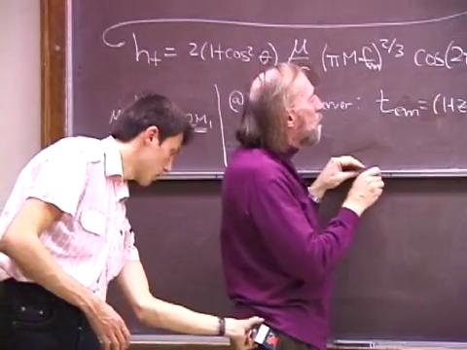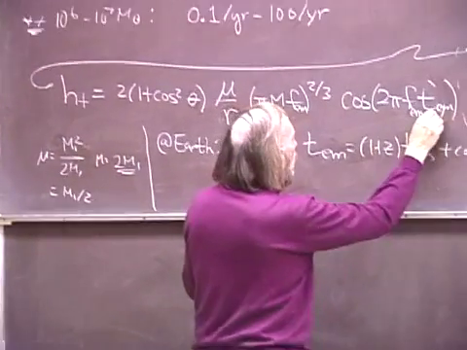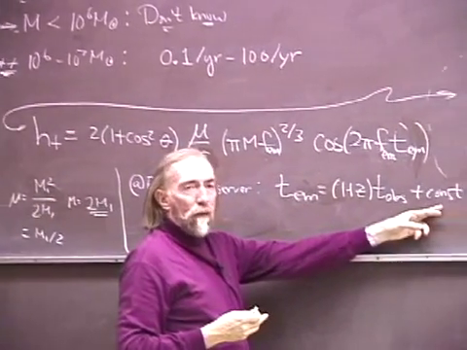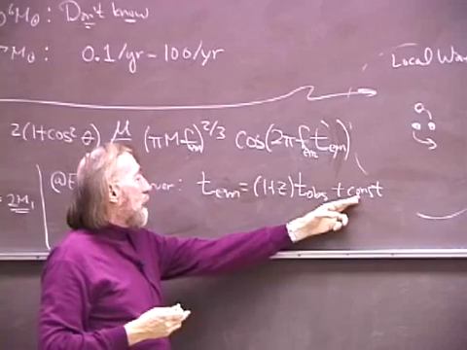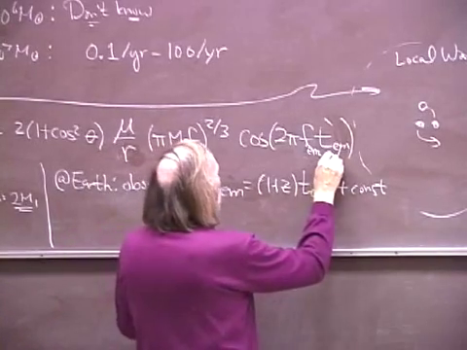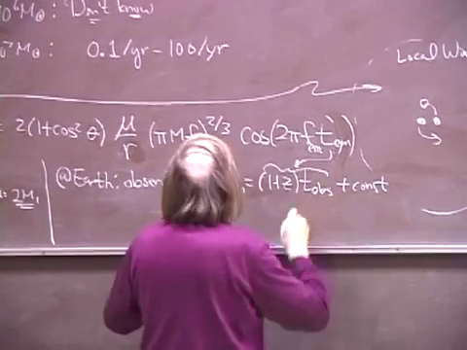So that means that up here where I have T emission, aside from an additive constant that just has to do with the time that it takes for the light to travel from the source to the Earth, I can replace T emission by this expression.